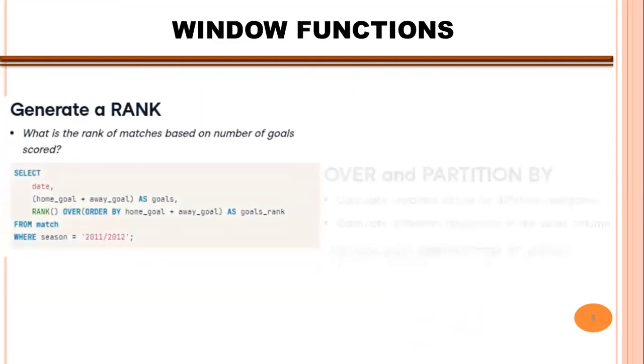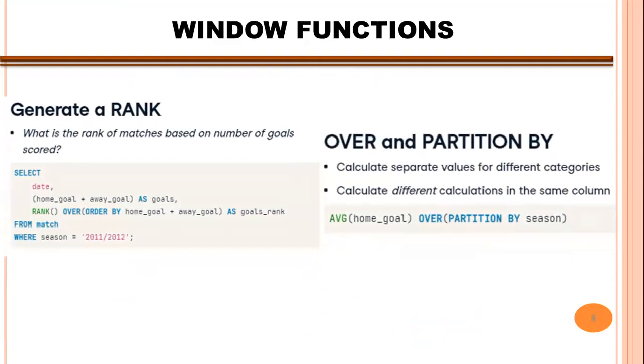Talking about window functions. In window functions, we have two clauses, rank over and partition by. For example, you want to find out the rank of the matches in home goal and away goal on the number of goals scored.